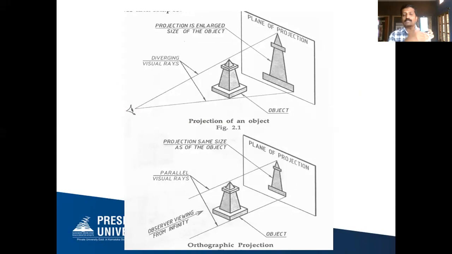Then the second bench, the third bench, and so on. Those sitting in the last row will see the same object in a smaller size. So we cannot maintain uniformity with respect to the size and shape of the object.